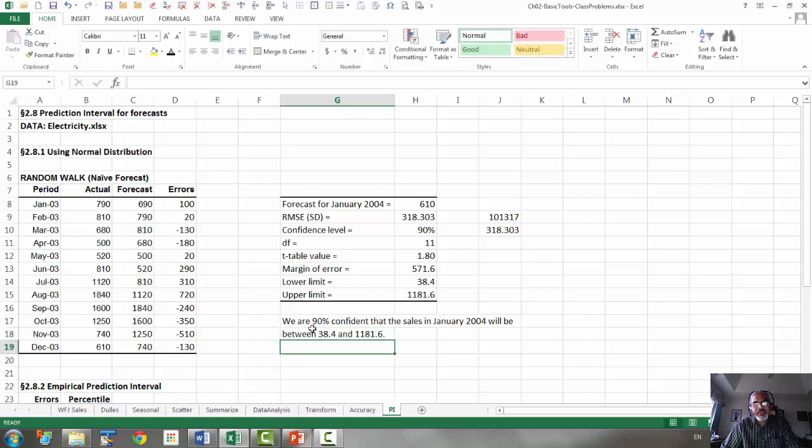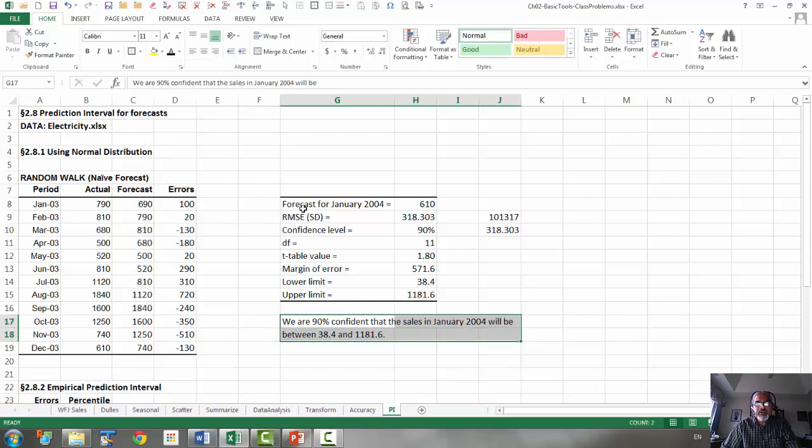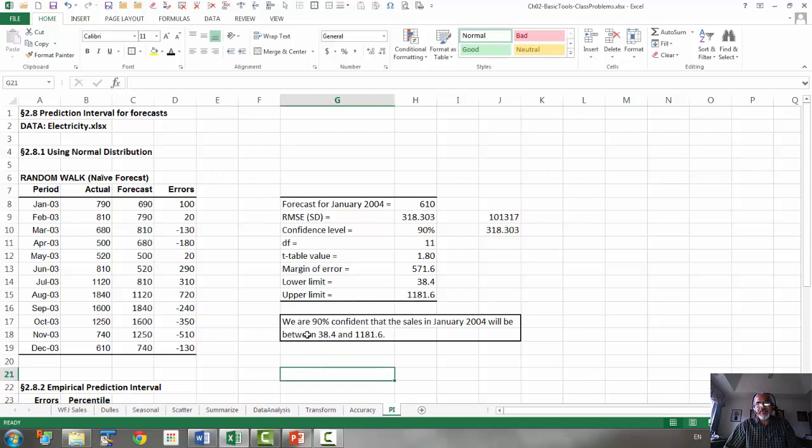As you see, this confidence interval is really not all that helpful because the margin of error is so large that it becomes pretty much valueless. So that's the reason why we want to predict in such a way that the errors are kept to the minimum possible value.